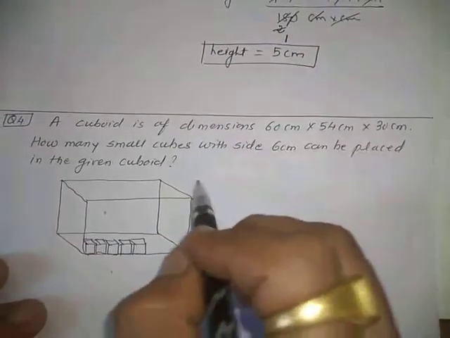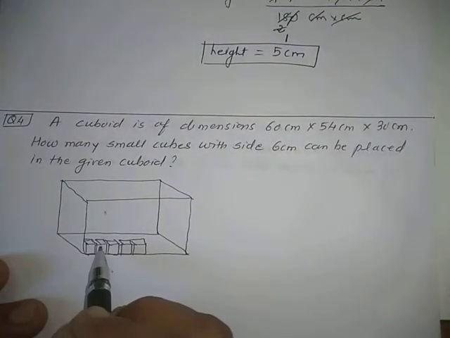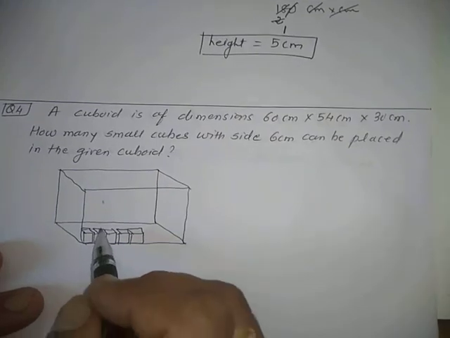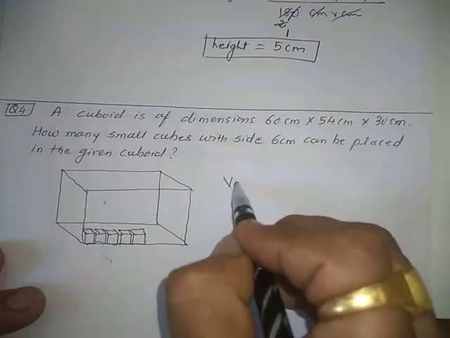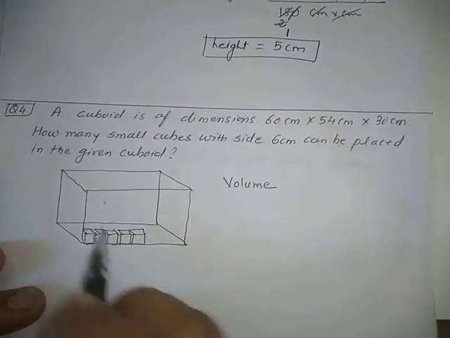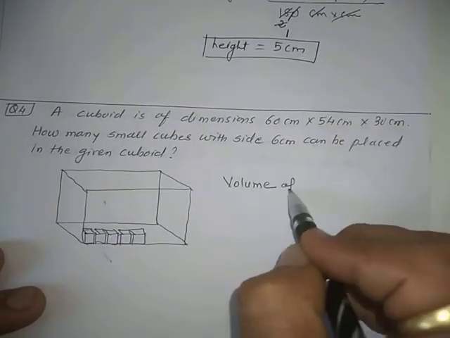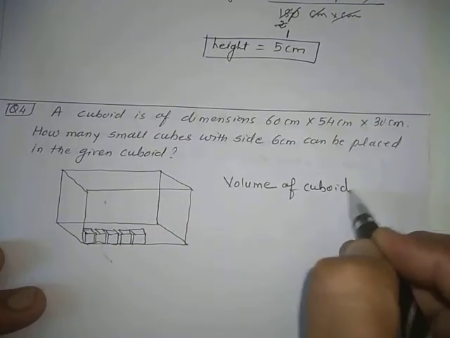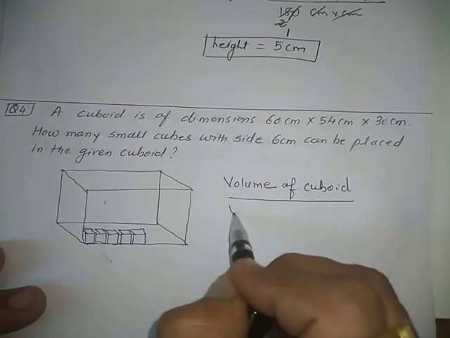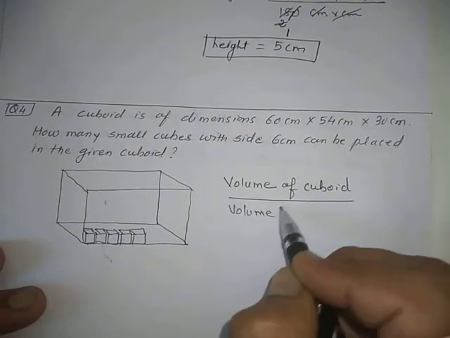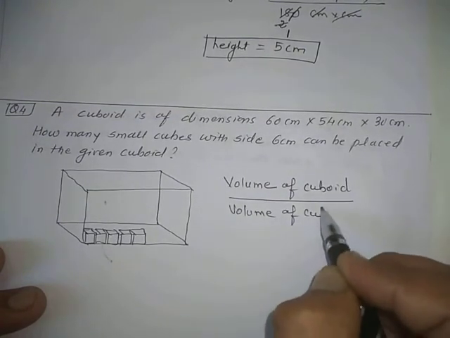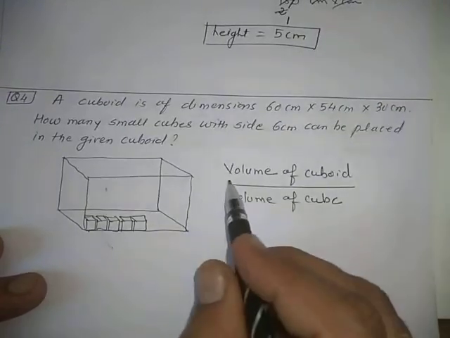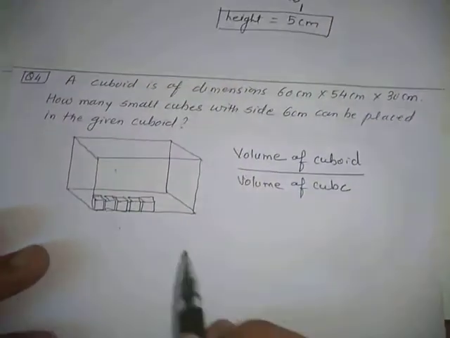So we require the number of small cubes. For this we require the volume of this big box, the volume of the cuboid, and if we divide it with the volume of the small cube box, that is the volume of cube, we will get the number of boxes.